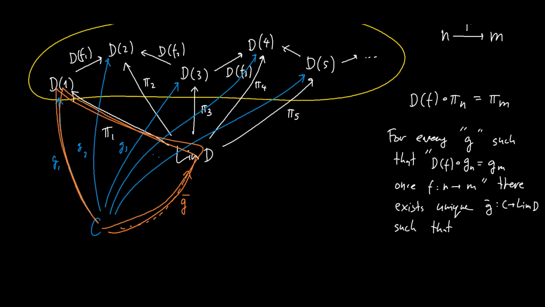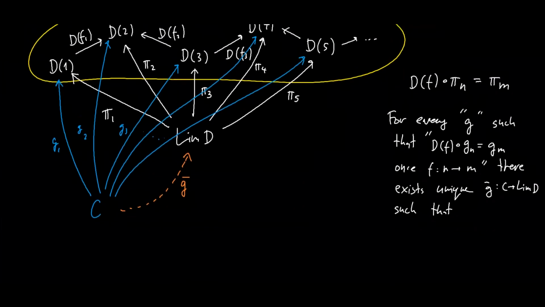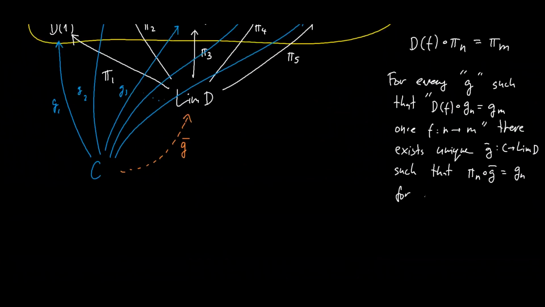This triangle will commute, also this triangle, and so on. So there exists a unique G bar such that pi n composed with G bar equals Gn for every vertex n in the graph.